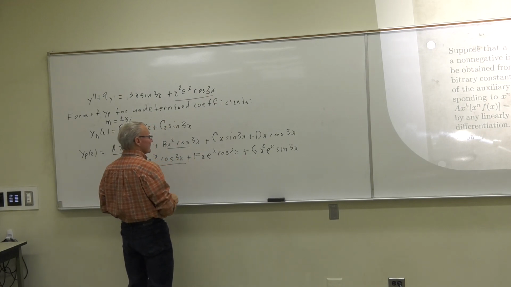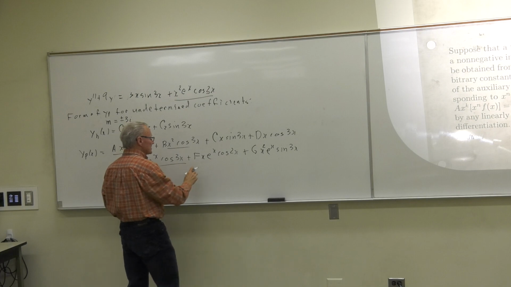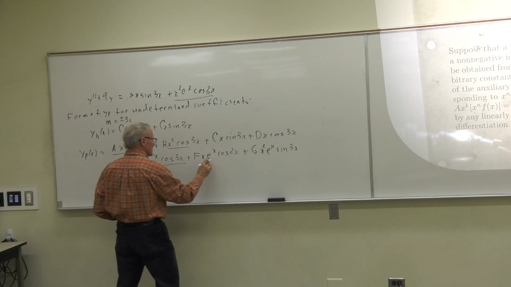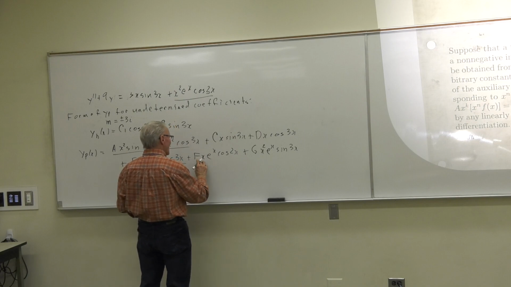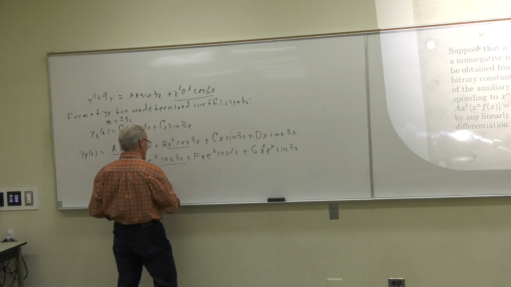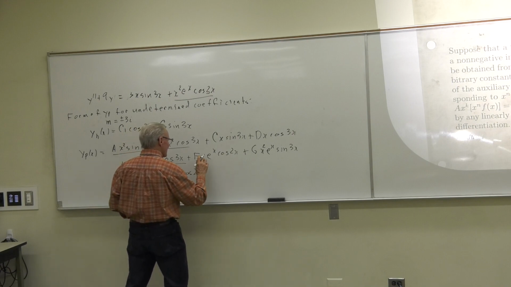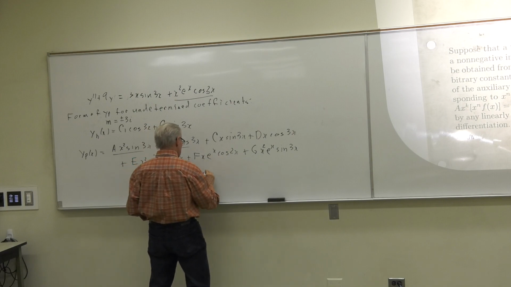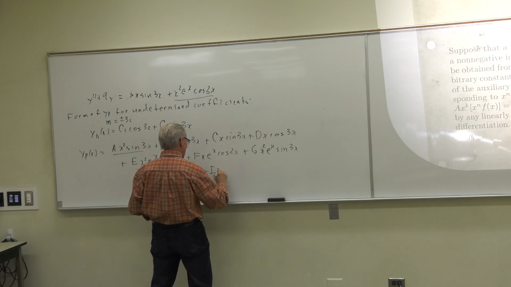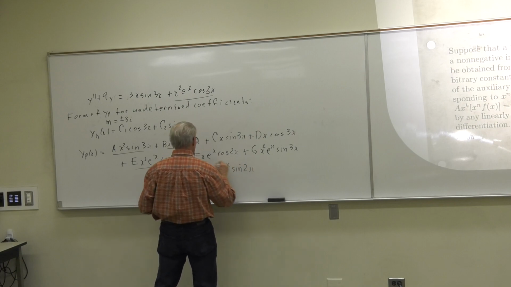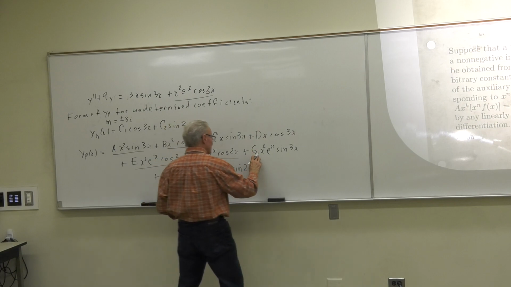Now let's talk about differentiating this one. If I differentiate that one, nothing new. If I differentiate this one, I would get H e to the x cosine 3x. Now I've got to differentiate this one. That's going to give me an I x e to the x sine 3x. I think I finished with that one. Now this one.